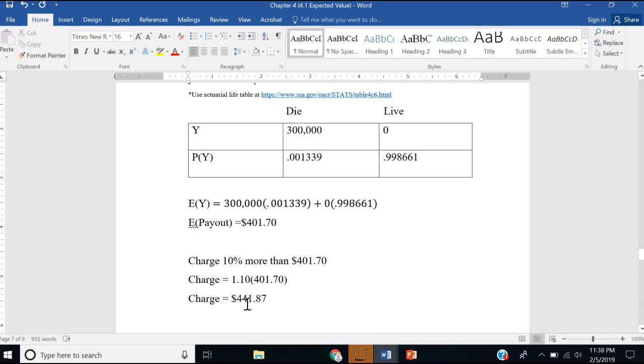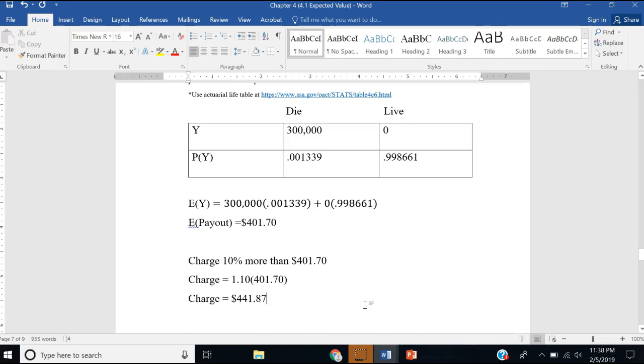And that's going to determine how much the insurance company charges you. So it's not some sort of weird conspiracy about how much the insurance charges you. They're just charging you a certain percentage more than what they think your expected payout is. That works also in terms of medicine, health coverage, and also car insurance, things like that.